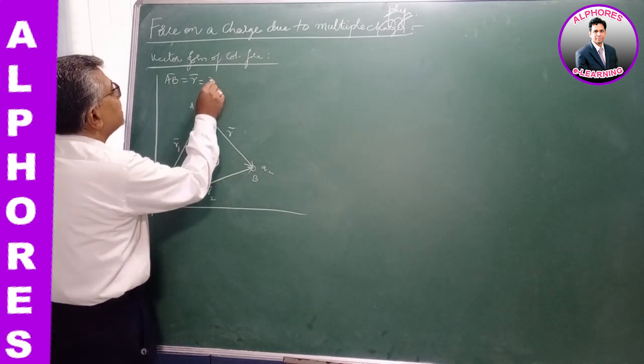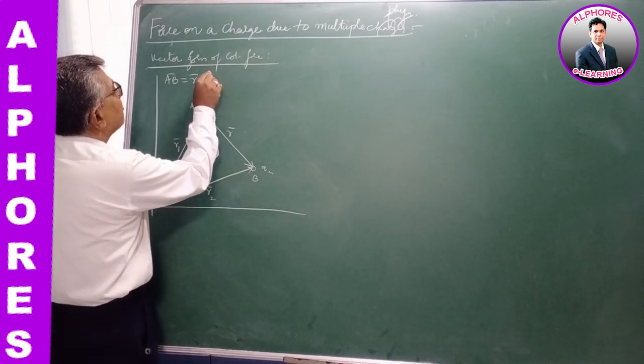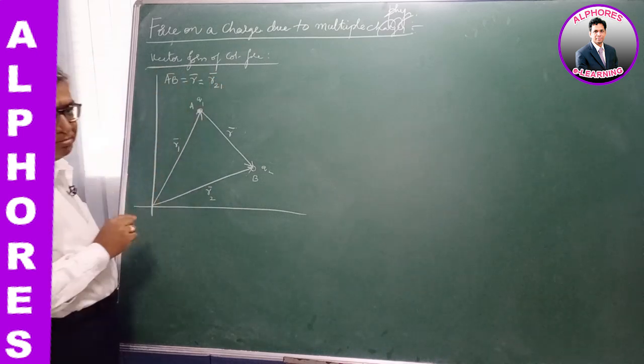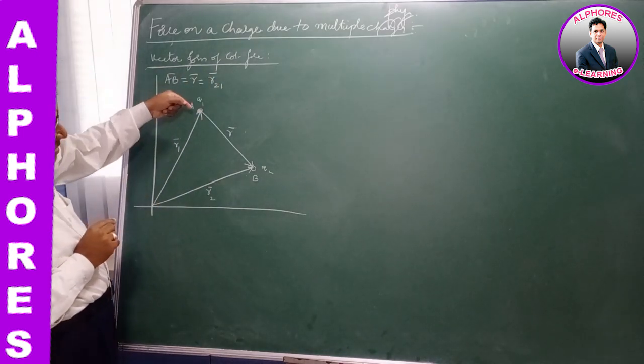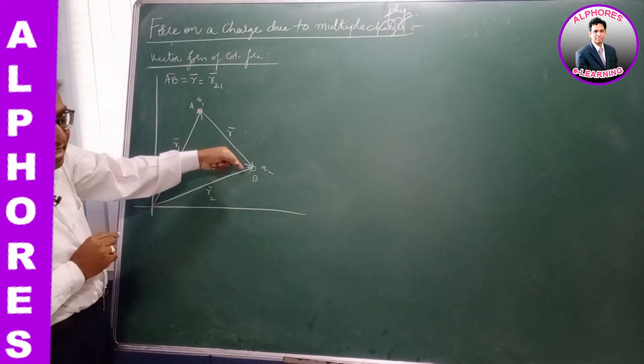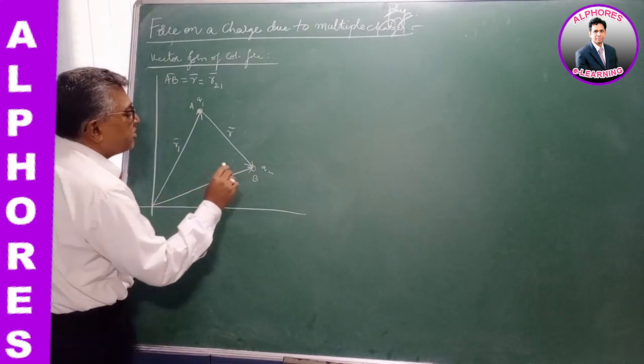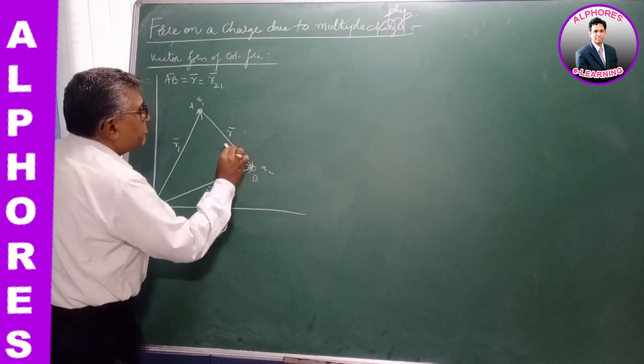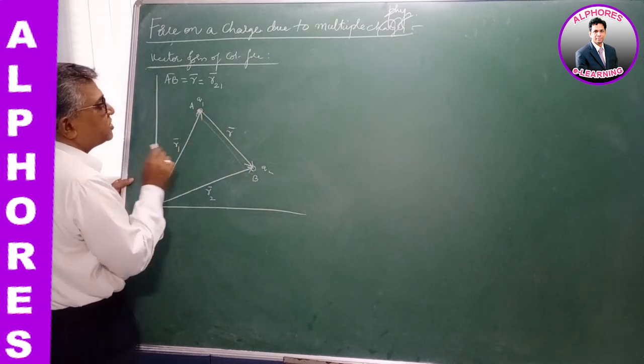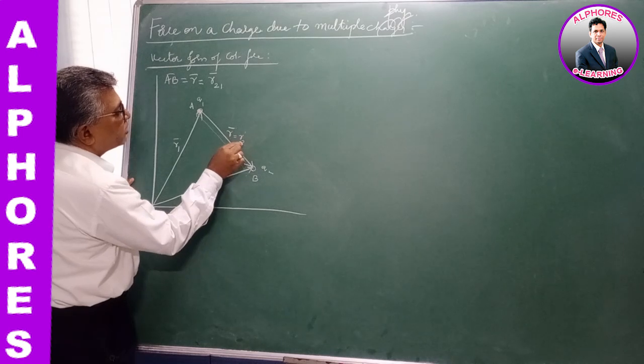You can even represent it as R21 bar. So the vector from first charge to second charge is R21 bar. And similarly, if I have to represent the vector from second charge to first charge.